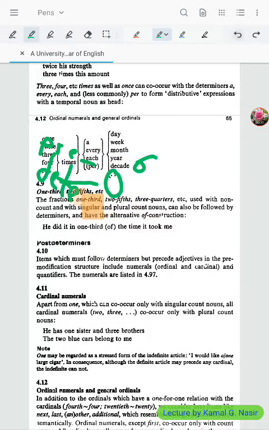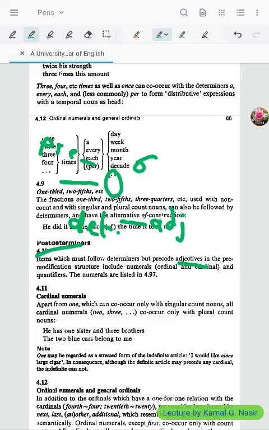Now, what are the post determiners? They are items which follow determiners but precede adjectives. So they come before adjectives, okay, and after the determiner. You see?